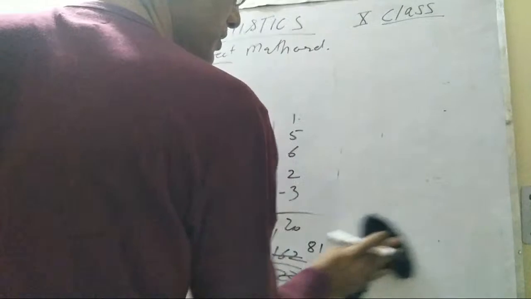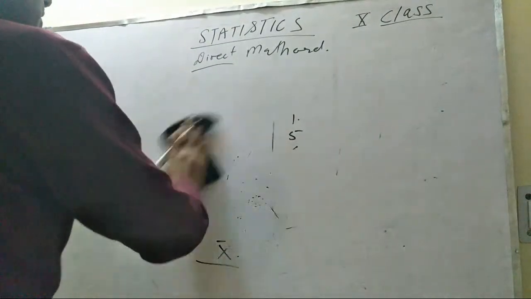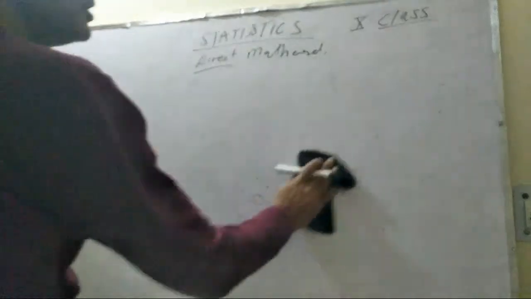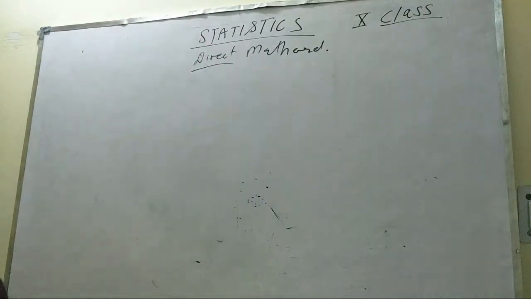And the second method we are going to tell you, in which we use d. We try to solve this equation by the assumed mean method.